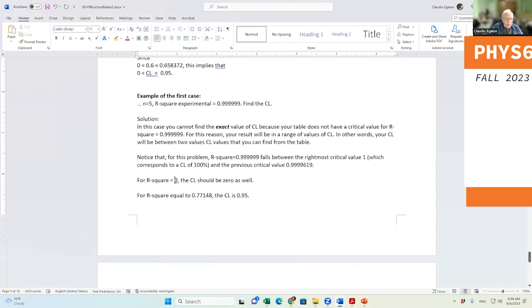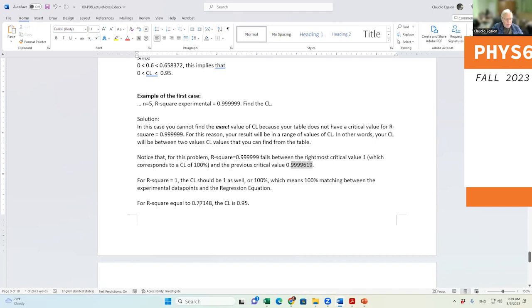For R squared equal to 1, CL should be 1 as well, or 100%, which means 100% matching between the experimental data points and the regression equation, right?